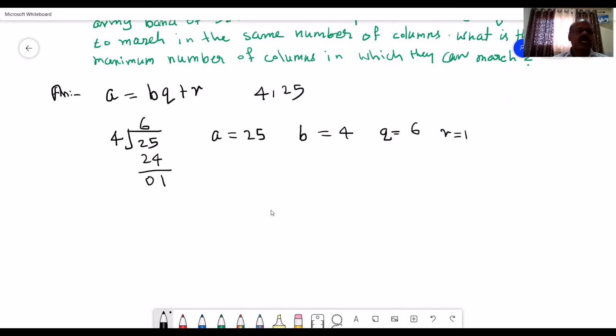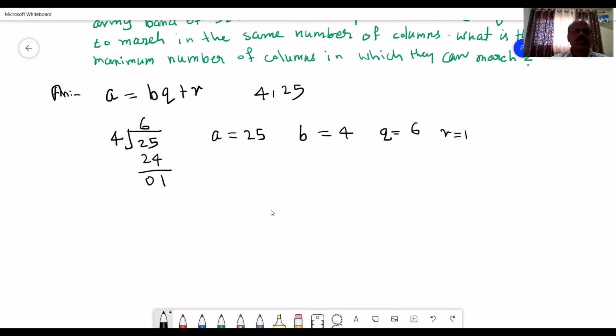So a, b, q and r are defined this way: a is the dividend, b is the divisor, q is the quotient and r is the remainder.